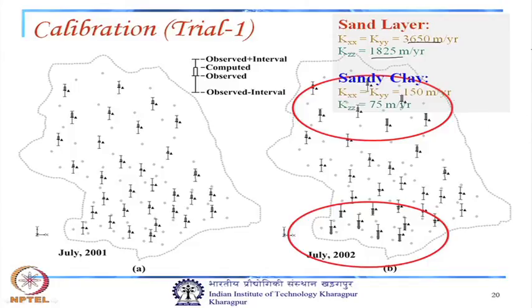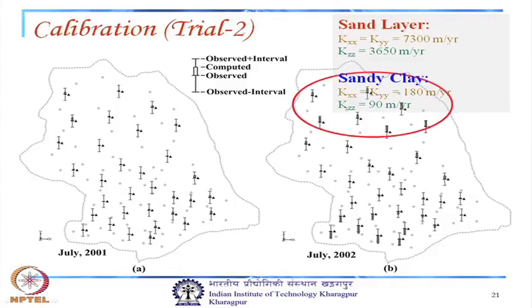It may be due to the parameter values or due to the boundary conditions. So, in groundwater modeling, either you can adjust the boundary condition depending on the actual values, or if you do not have that, you can try to adjust the parameters to get the actual value.